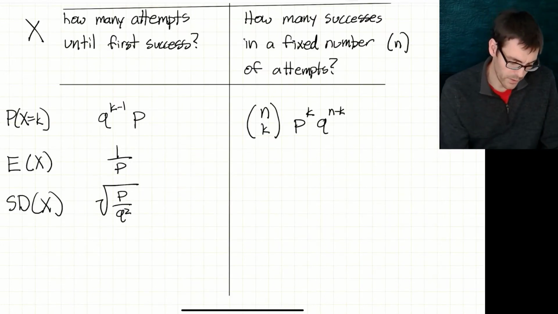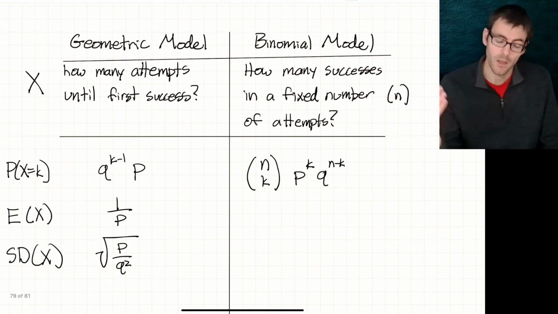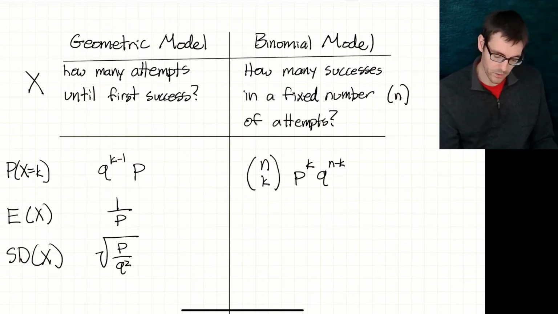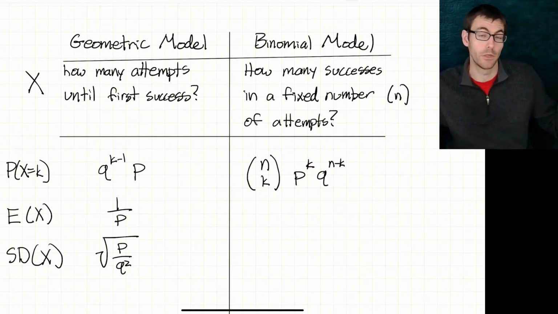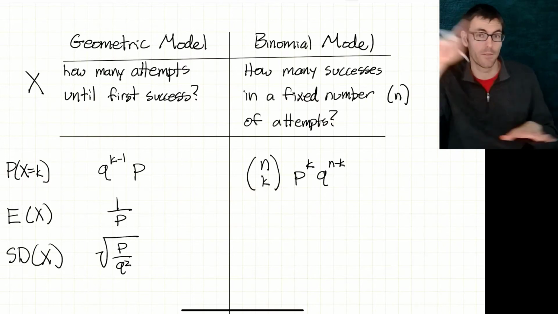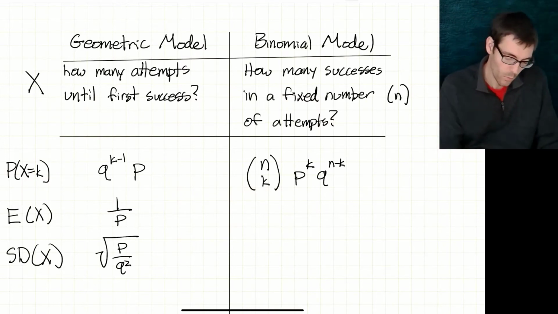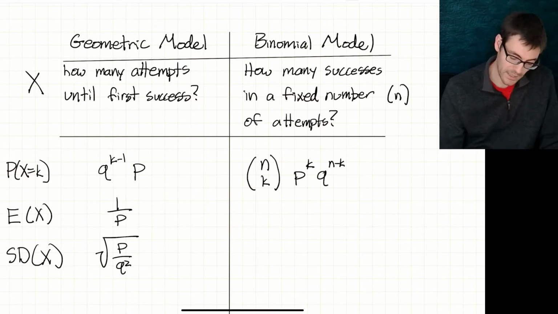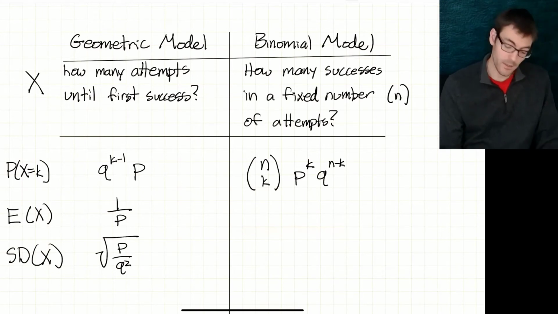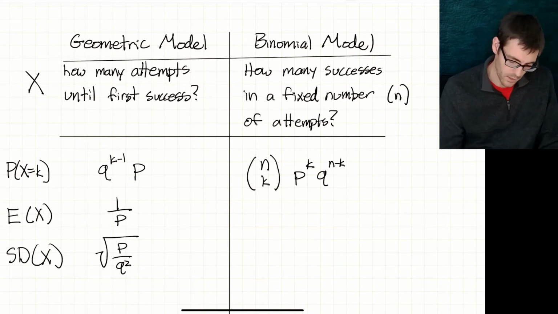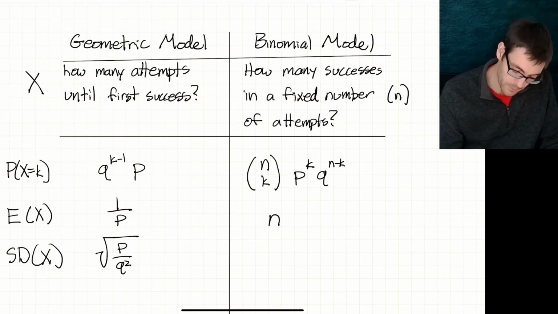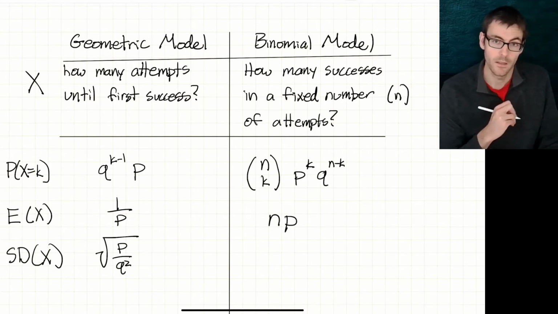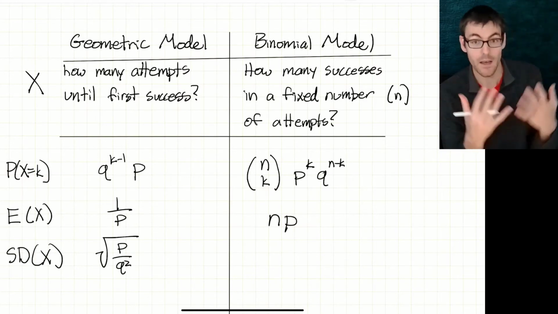Okay, so like with the geometric model, we can use this equation to come up with a probability distribution. So make some histogram of these relative probabilities. Like with this, we can ask what the expected value is and what the standard deviation is. We talked about this on Monday, but the expected value should just be n times p. There's a probability p of a success.